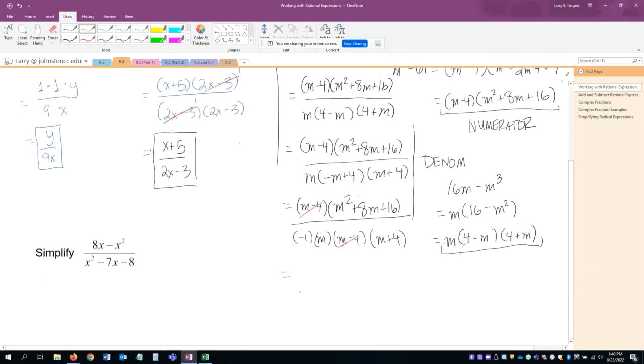And what am I going to be left with? The numerator is m squared plus 8m plus 16 over, I think you're right, Andrew. I think I have factored this wrong.